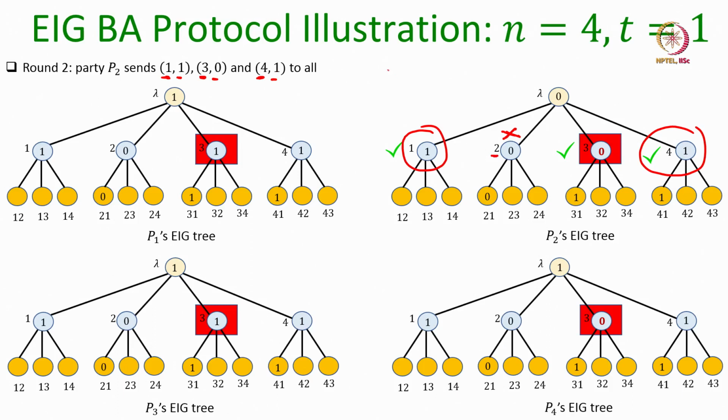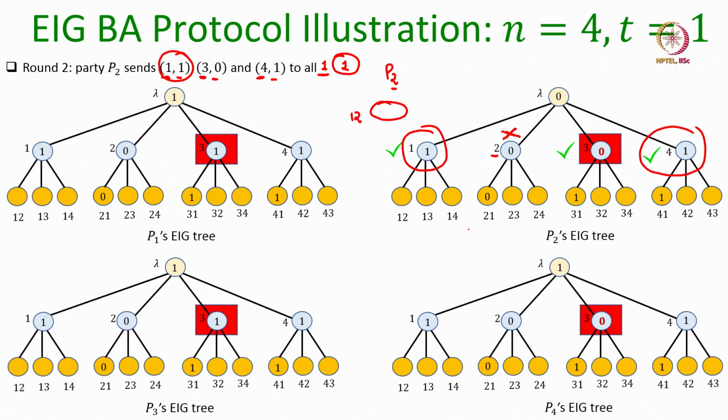So, let us analyze the first message. 2 is telling everyone that a node whose label was 1 has the value 1. Who is telling? 2 is telling. And what was the label of the node that it is talking about? 1. So, 1 followed by 2, that will be the node which will be populated by everyone.